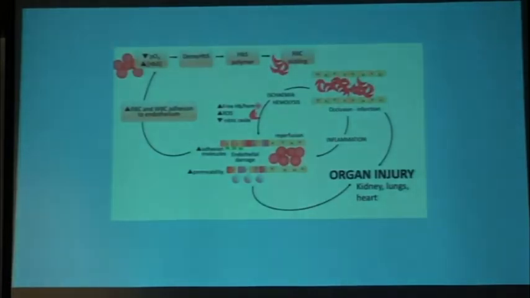In terms of the kidneys, what are the challenges, and what is the pathway? This is a schematic representation of some of the various things that could go wrong or could affect the kidneys.